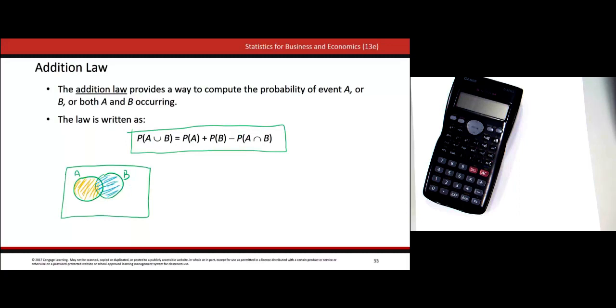So that's why you subtract one of them. So it is the probability of A plus the probability of B minus the probability of the intersection. Why do we have minus the intersection? Because once we say the probability of A, we are already including the intersection, plus B, we are including the intersection twice. So we subtract one of them.